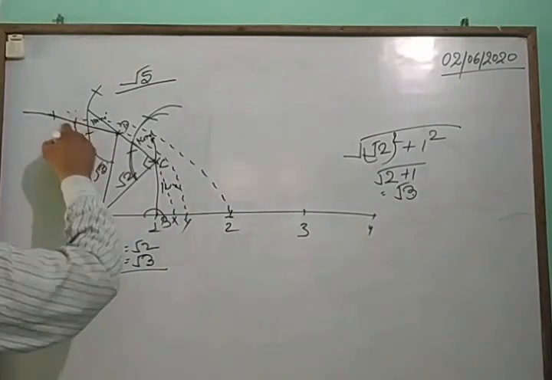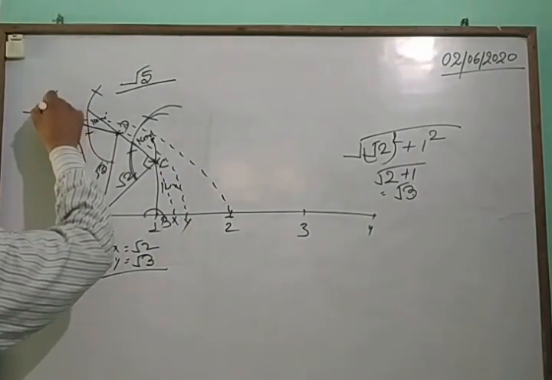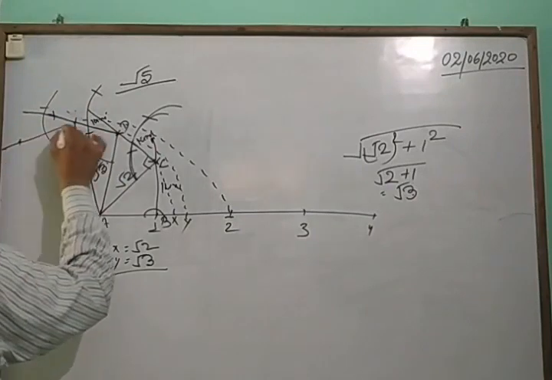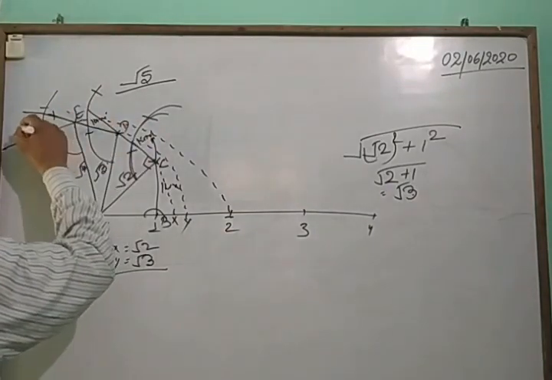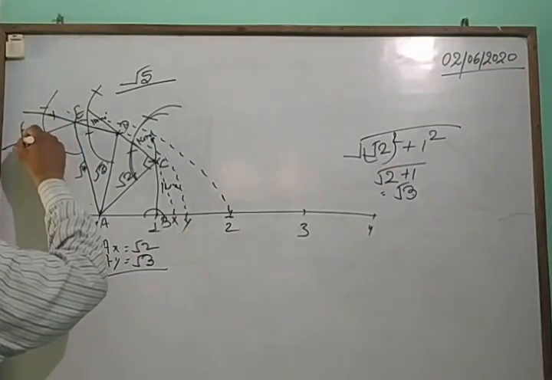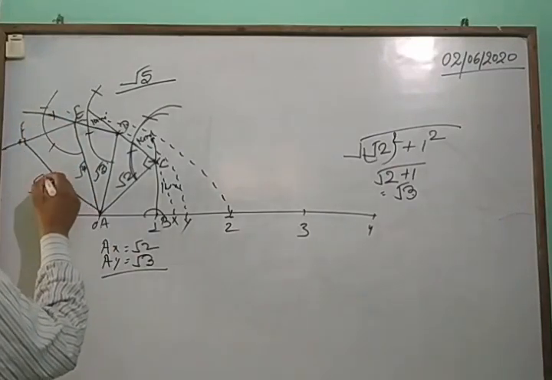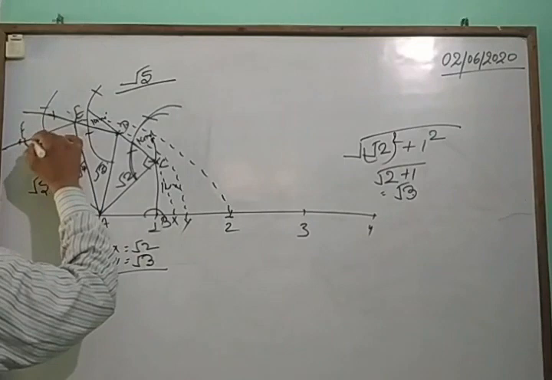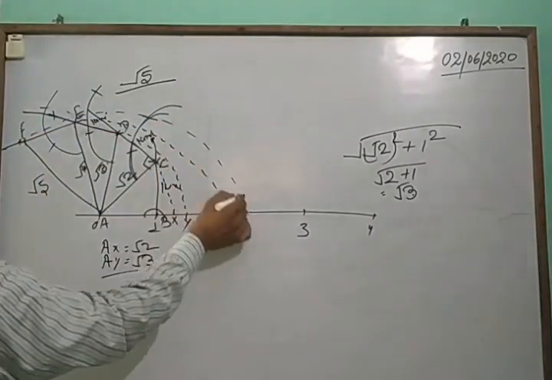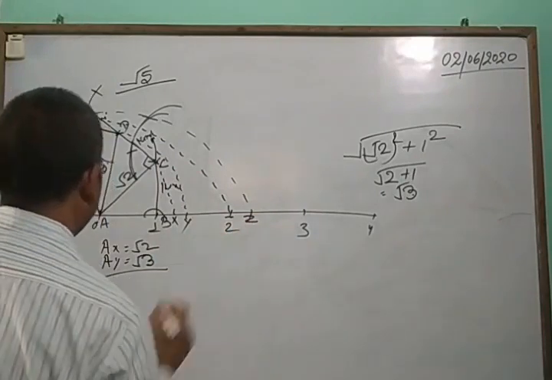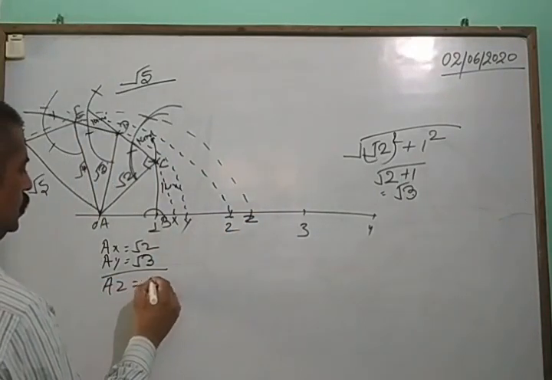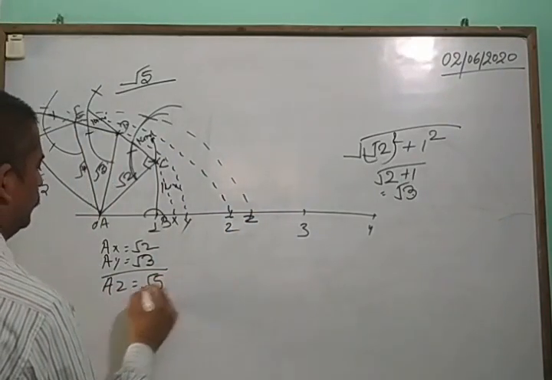Again 60, 120 and 90. Again 1 unit, C, D, E, F. That is the root 5. Joining B, X, Y, Z, AZ is equal to under root 5.